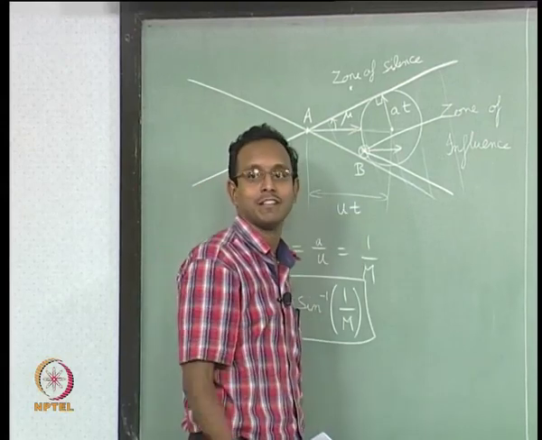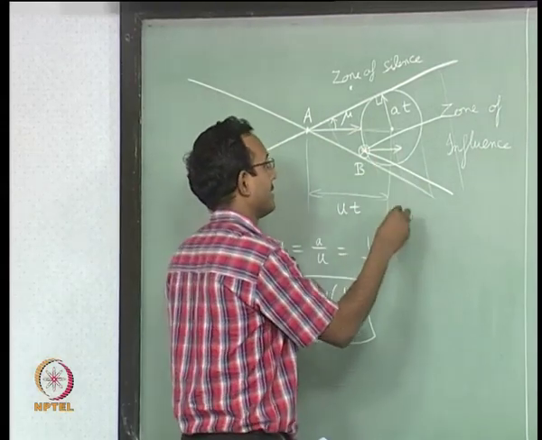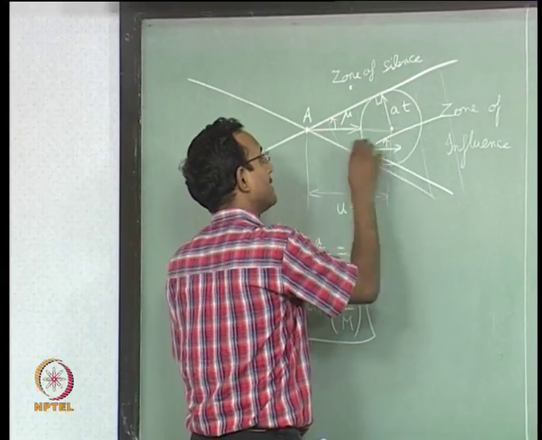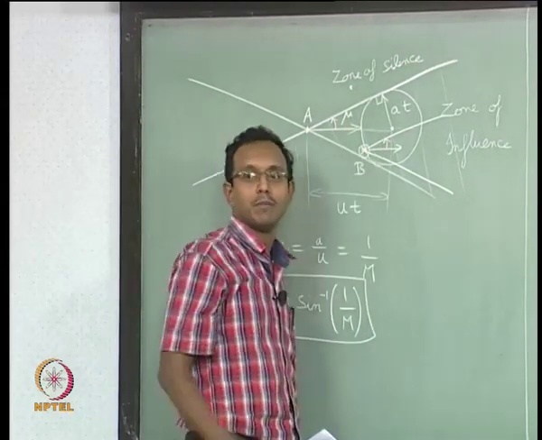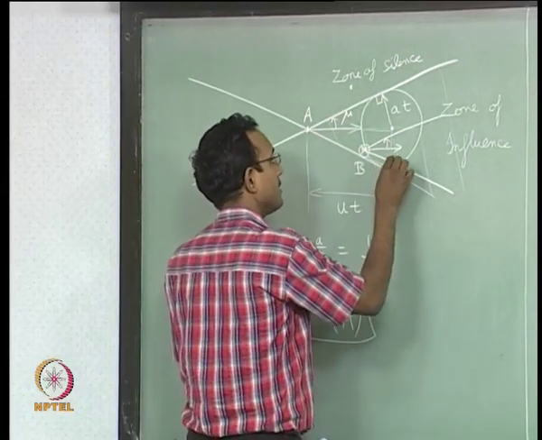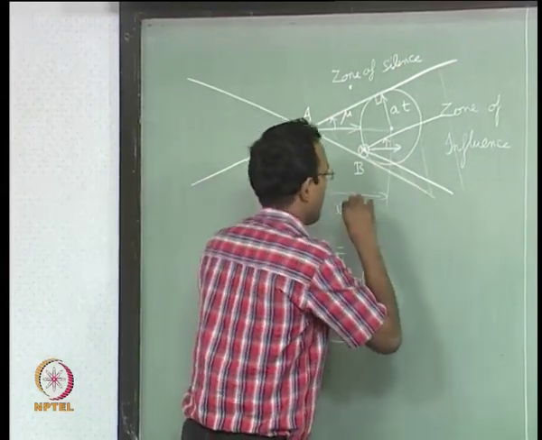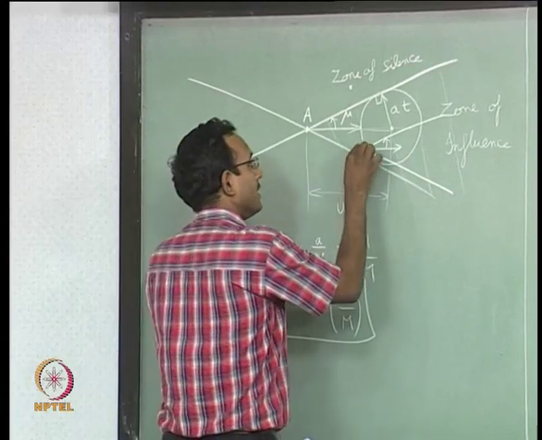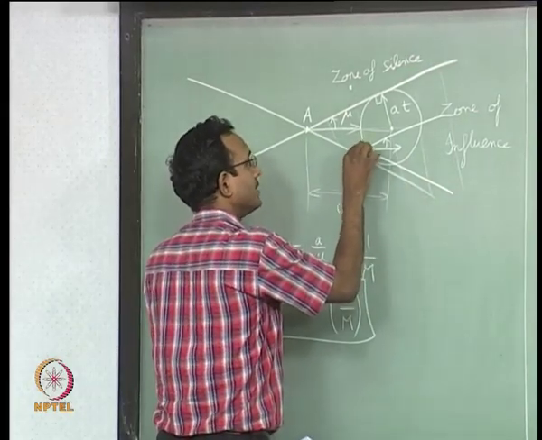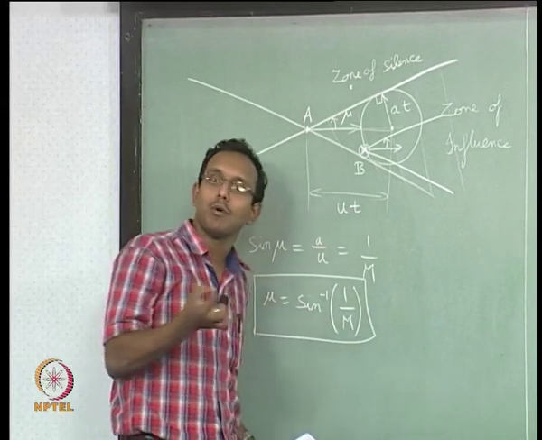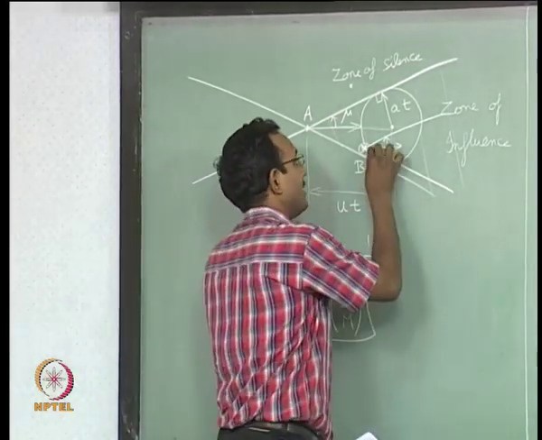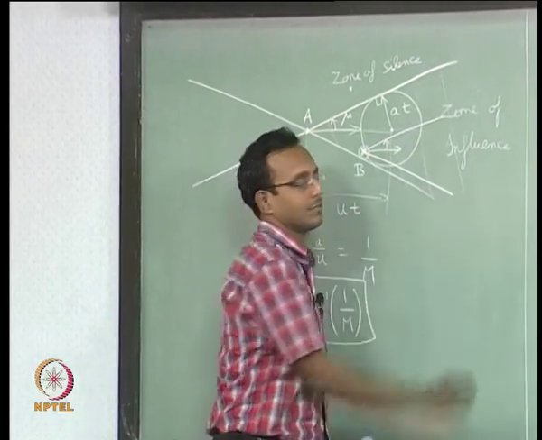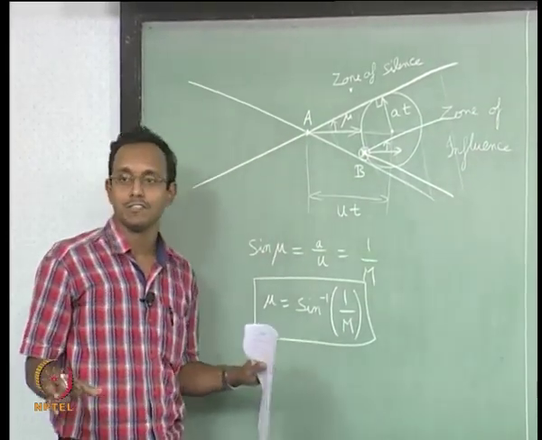I just picked up a special case like this, and this mu need not be same as that mu. This could be a mu subscript A, this could be a mu subscript B. Any change that I make at point B will be experienced only inside this region and not in any other regions.